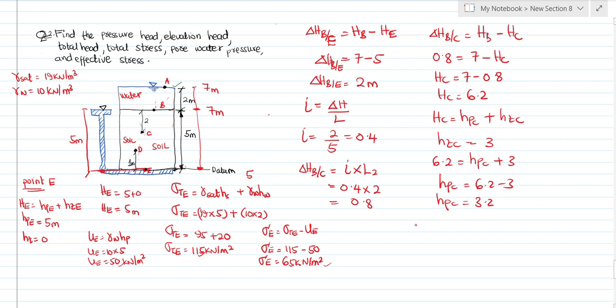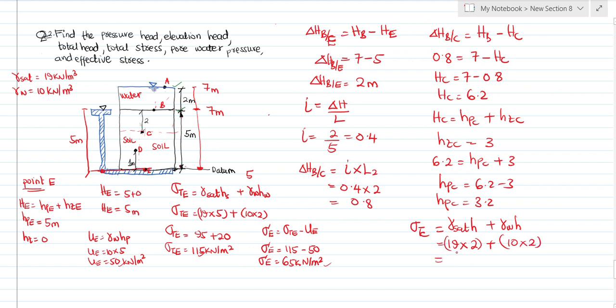So with that in place, we can now find our total stress at C, which is the column of material sitting on top of C. So gamma sat times the height plus gamma of water times the height. Gamma sat 19. Height is what? Height is 2, right? Plus 10, height is 2.